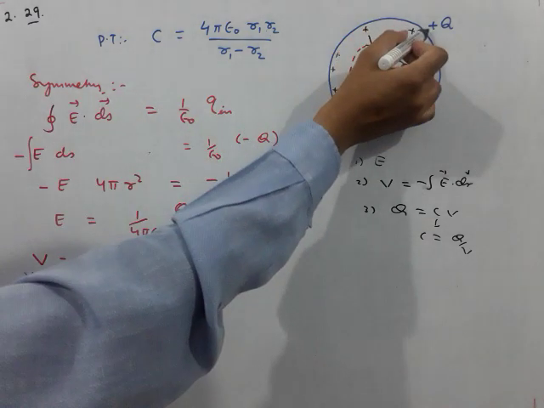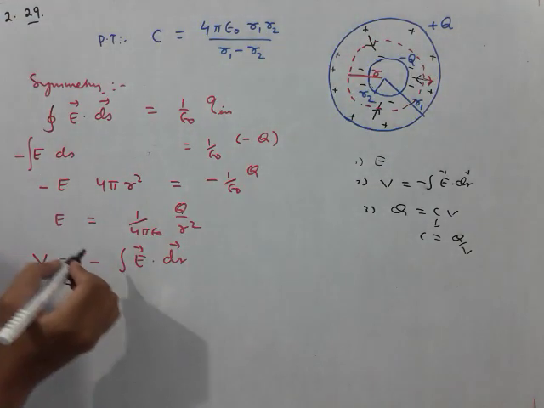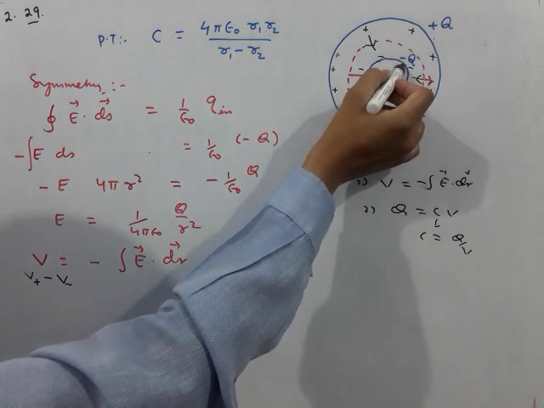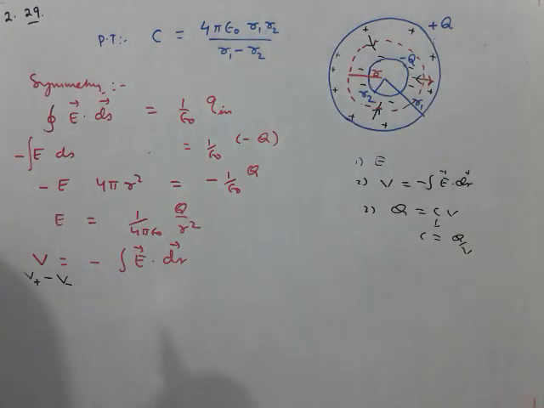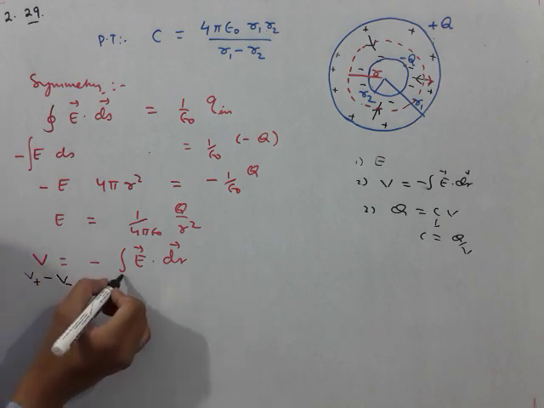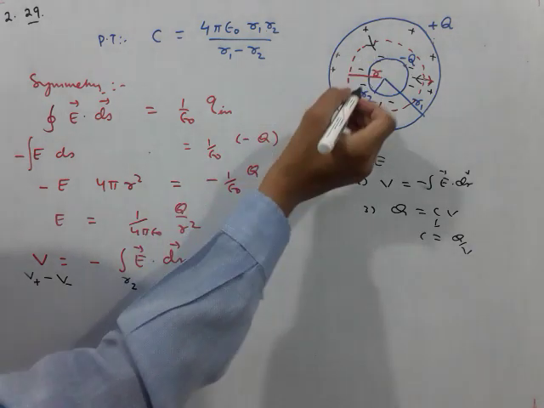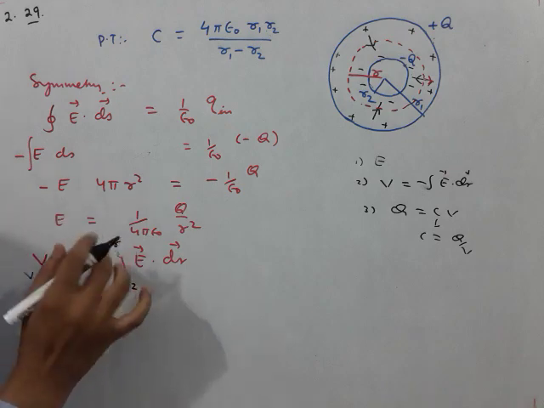That is V plus minus V minus, potential of outer sphere minus potential of inner sphere. So outer minus inner, final minus initial. So outer is final, inner is initial. So here we have to write the limits from initial to final. So we will write it from R2, the inner sphere radius, to R1.